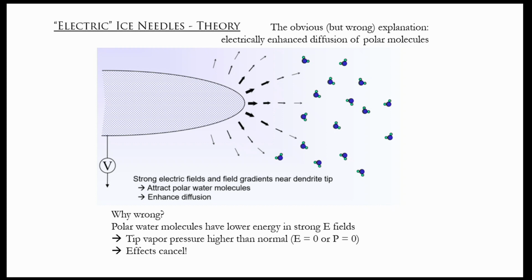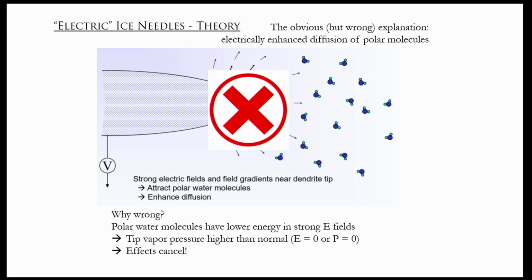So that'll enhance the diffusion. But the molecules in here see no electric field because it's basically a conductor. And so if you take a molecule out of here and put it in here, that also lowers its energy. And so the vapor pressure of the tip is higher than normal vapor pressure. And so this brings molecules in, and this vapor pressure sends them back out again. And so these two effects very nearly cancel, amazingly enough. So that's not right. No good.